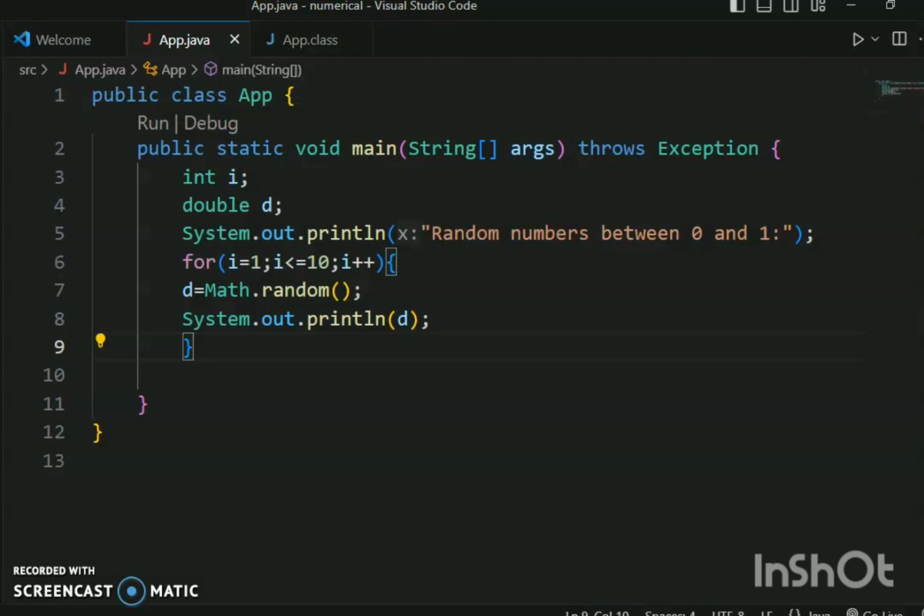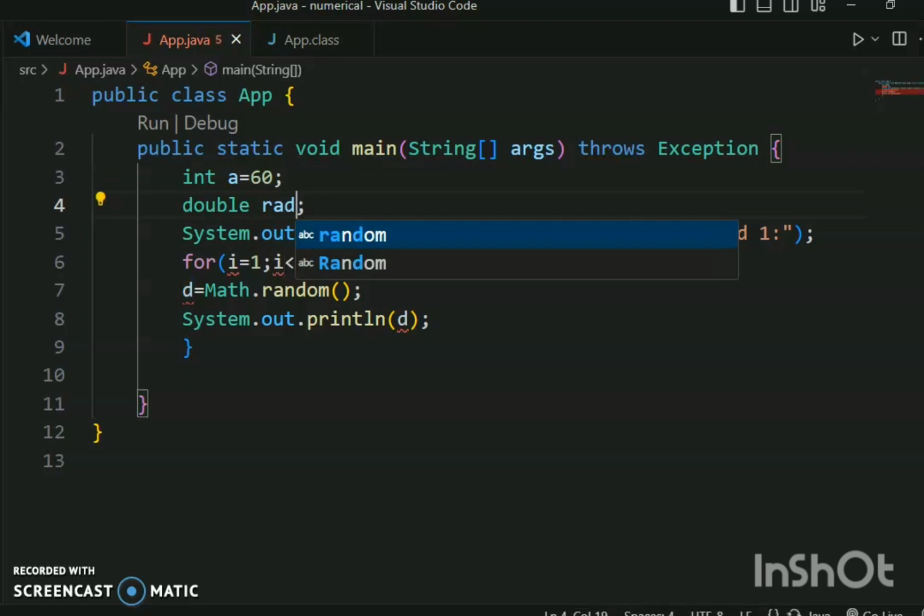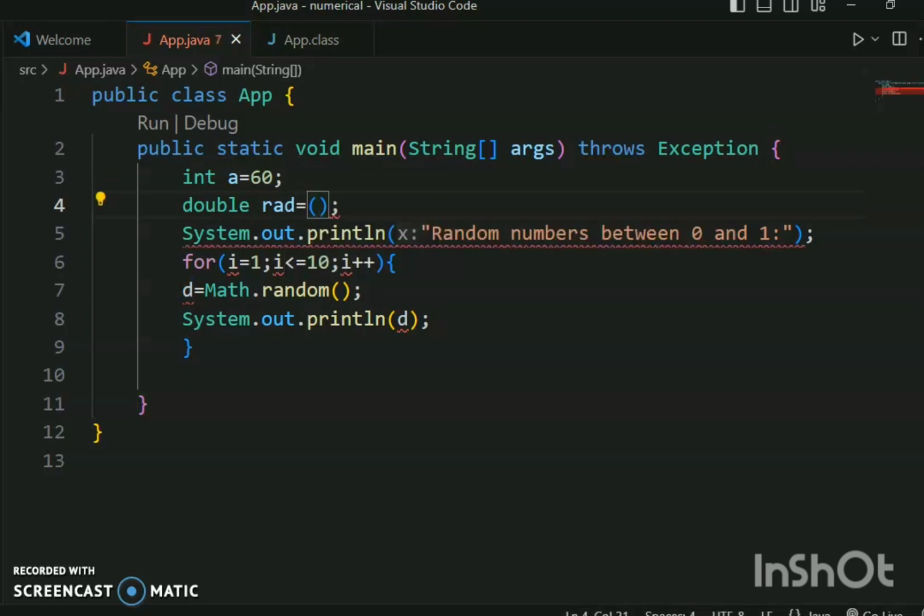So int a equals 60, and double rad equals 22 by 7, that is 22.0 by 7.0 star 180, star 180. So this is my radian value.